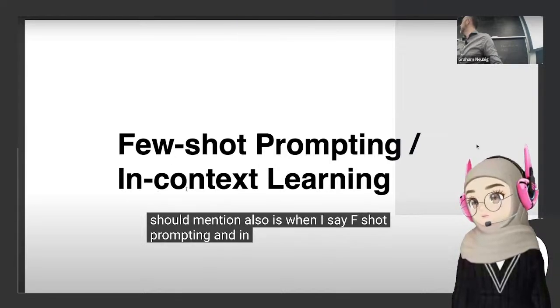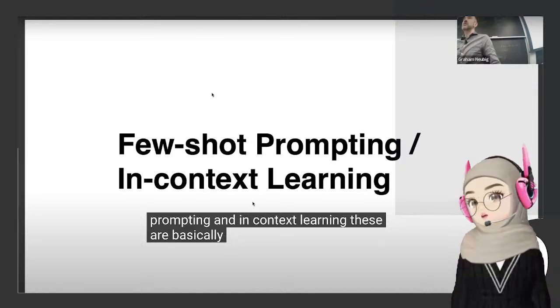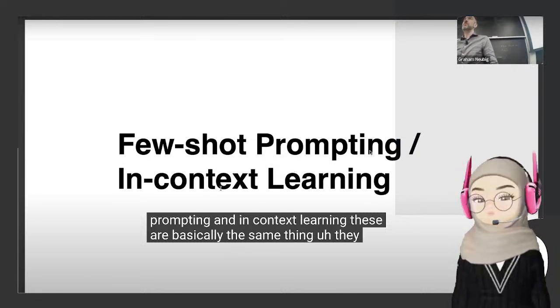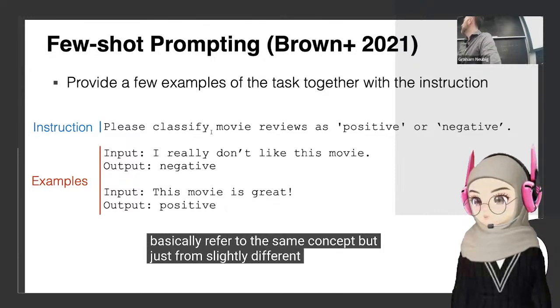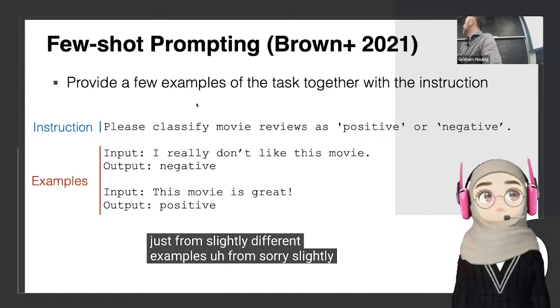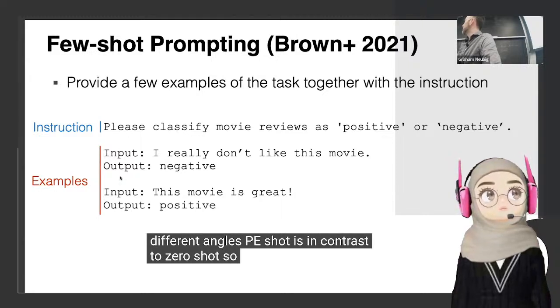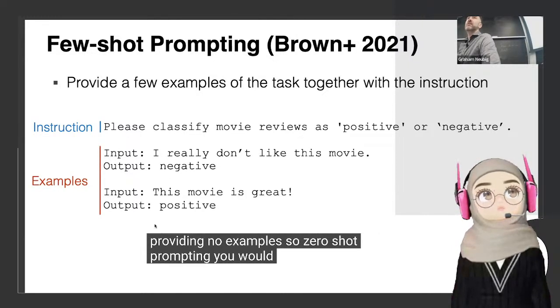Few-shot prompting and in-context learning. These are basically the same thing. They refer to the same concept, just from slightly different angles. Few-shot is in contrast to zero-shot. Zero-shot means you're providing no examples, so with zero-shot prompting you would have none.